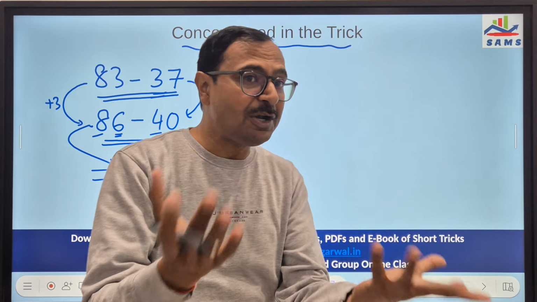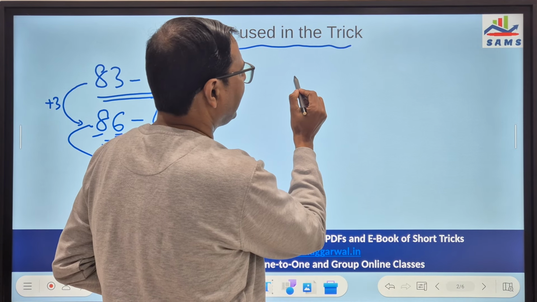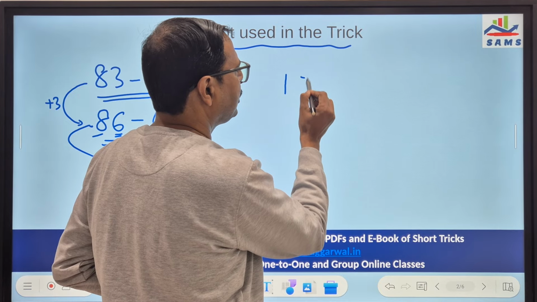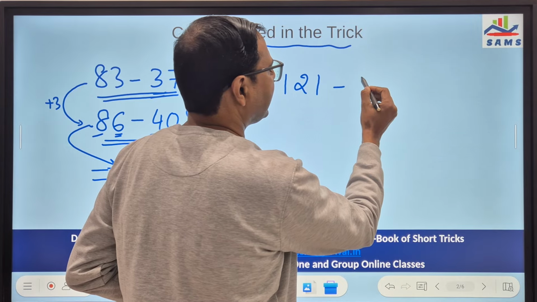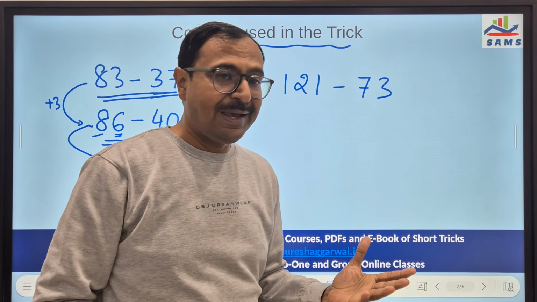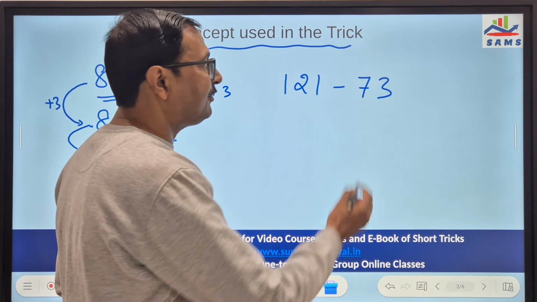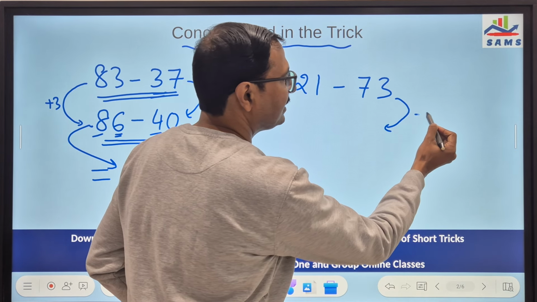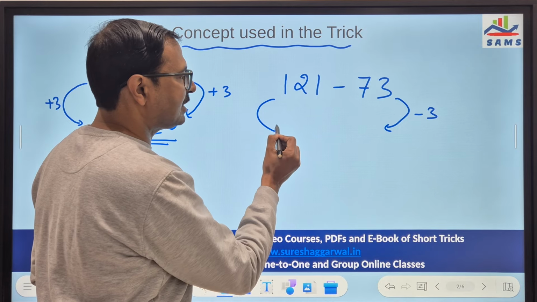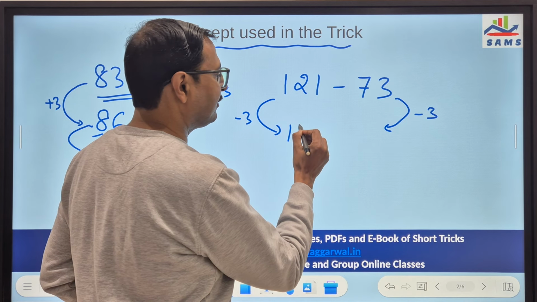Now you can even reduce it. I'll show you how. Suppose you have a number like 121 and we are subtracting 73 from this. Now 73 is just 3 more than 70, right? So can I reduce this number by 3 and reduce that number by 3 and get a new problem? 121 minus 3 is 118.